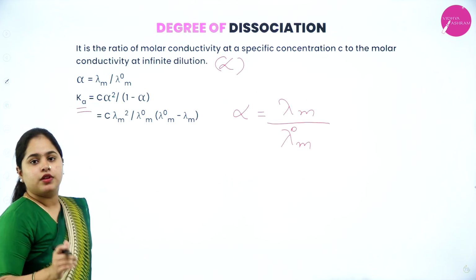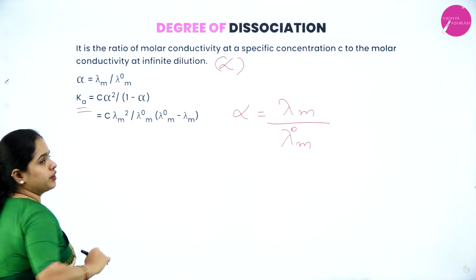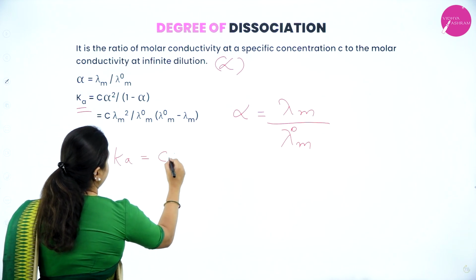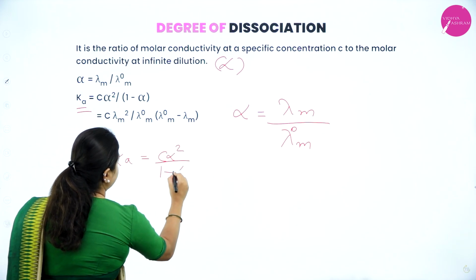You can also write it in terms of Ka, which you have already studied in your class 11, that is C alpha square by 1 minus alpha.